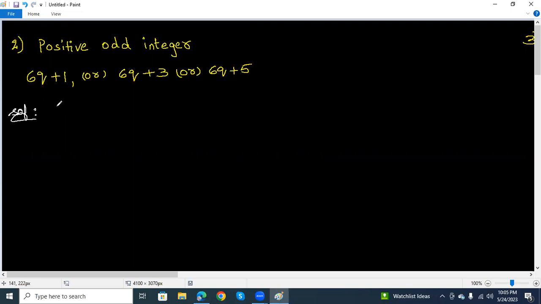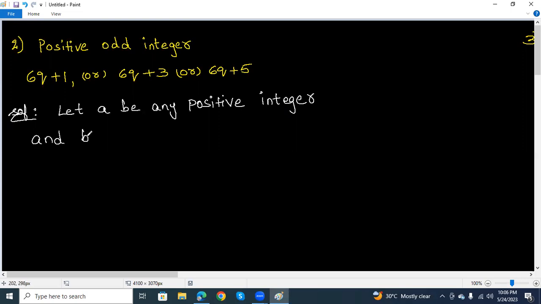So now let A be a variable, any positive integer, and B is equal to 6. See, B value we will take as 6.